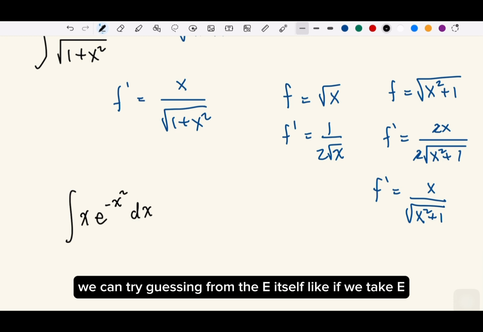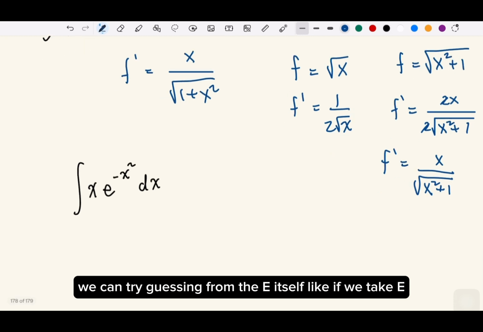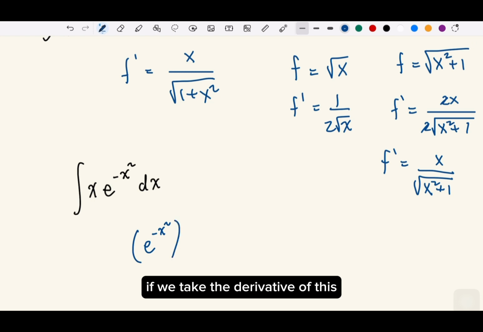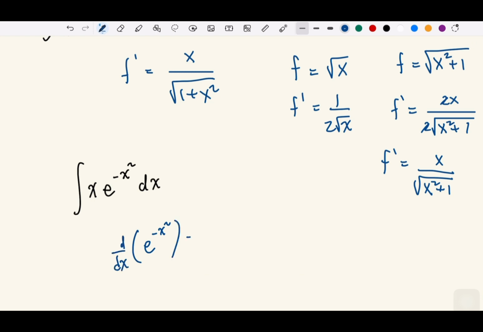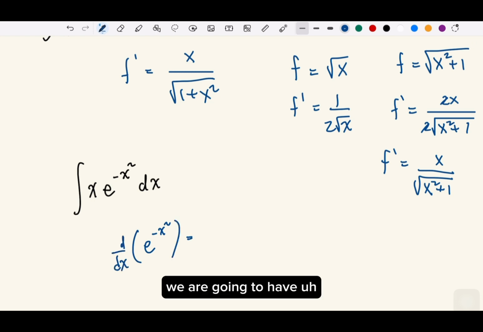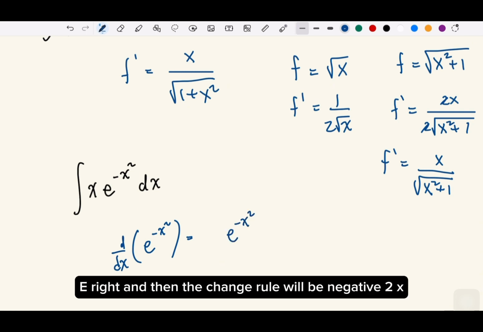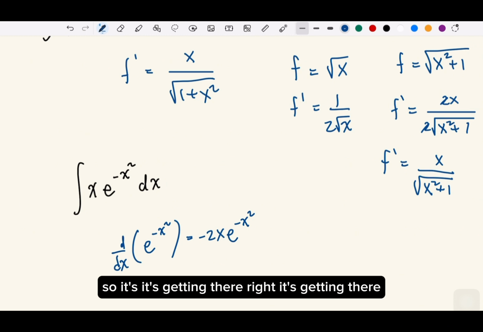We can try guessing from the e itself. If we take the derivative of e to the negative x squared, we are going to have e to the negative x squared, and then the chain rule will give negative 2x. So it's getting there, right? We need to divide by negative 2, right?